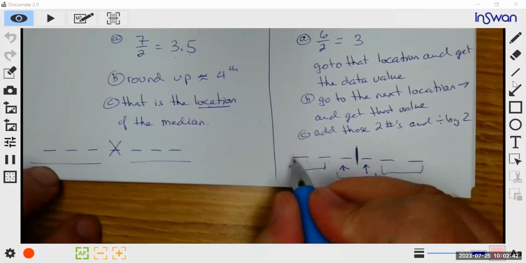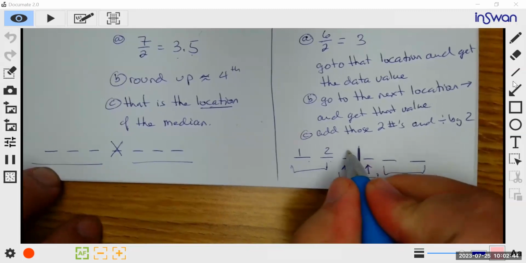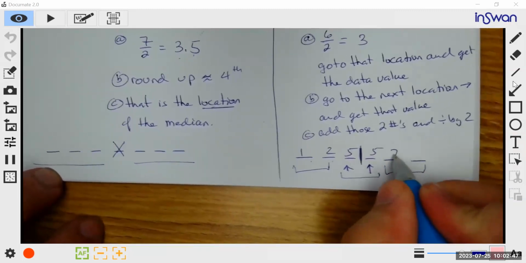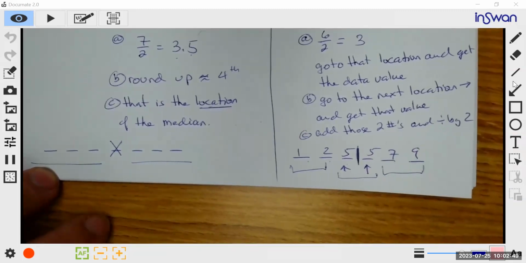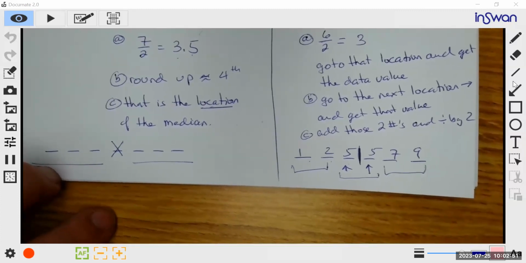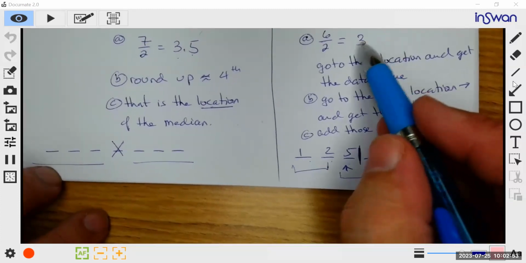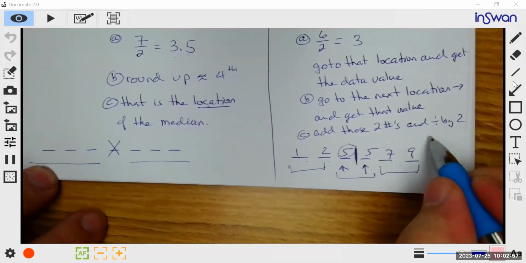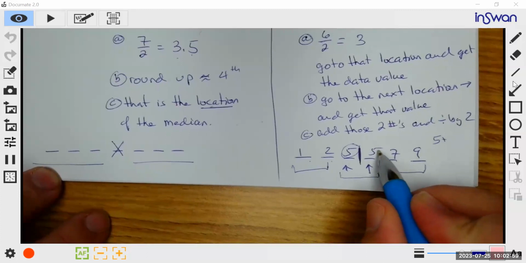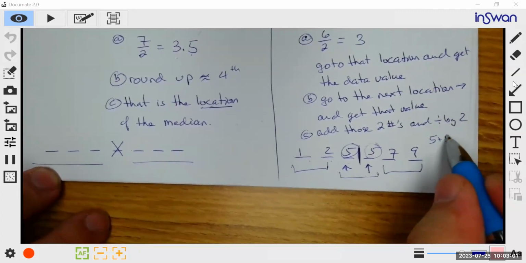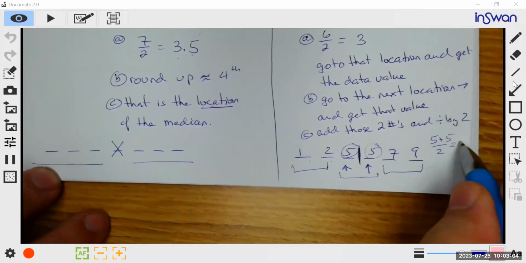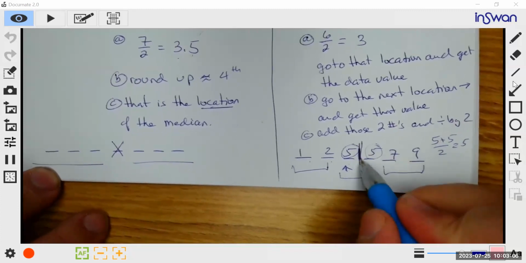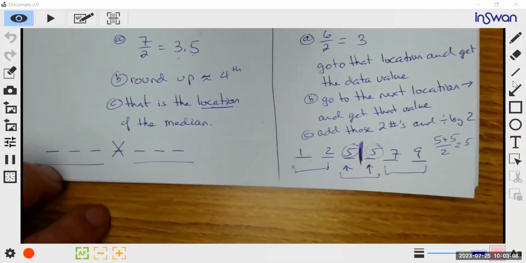So for example, we have 1, 2, 5, 5, 7, 9. We have 6 numbers. Divide by 2, we get 3. 1, 2, 3. So I take this number, 5, add the next number to the right to it, divide by 2. So the median of that set is 5.